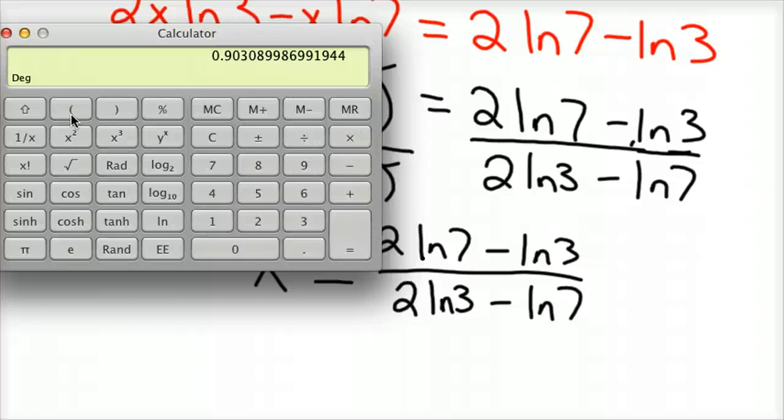It's freaking out on me. Let me find the C. I'm not real comfortable with this, but there's a parenthesis. So 2 times 7 natural log minus 3 natural log, and we'll see if it works.